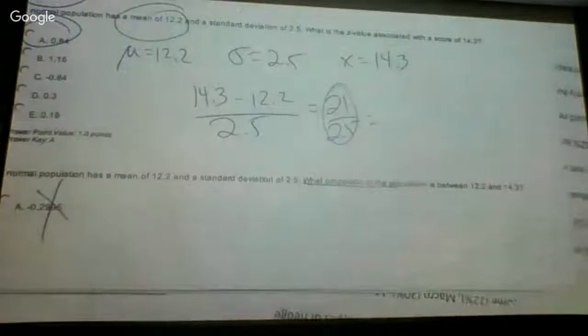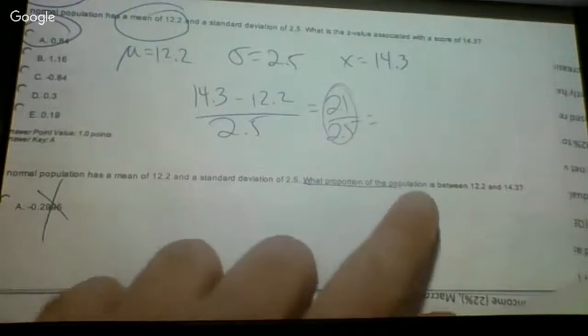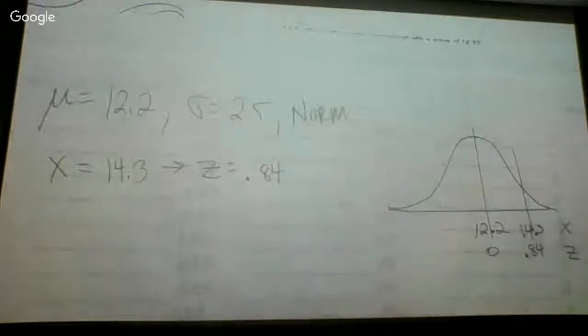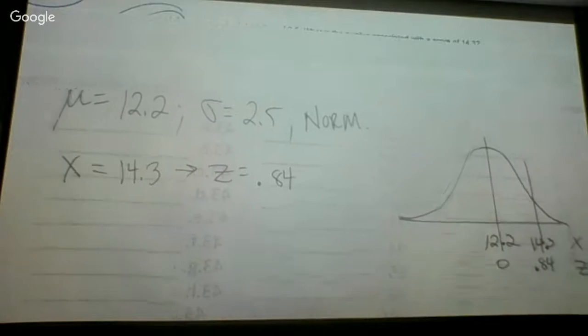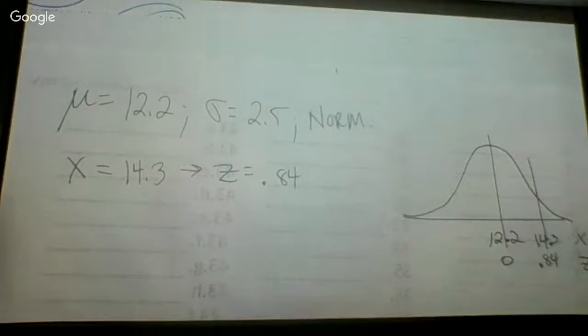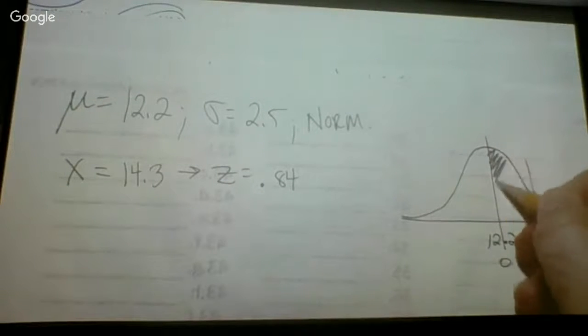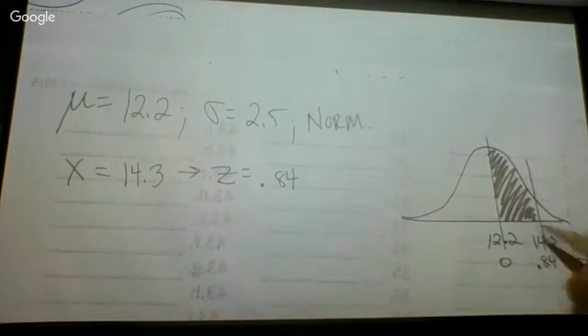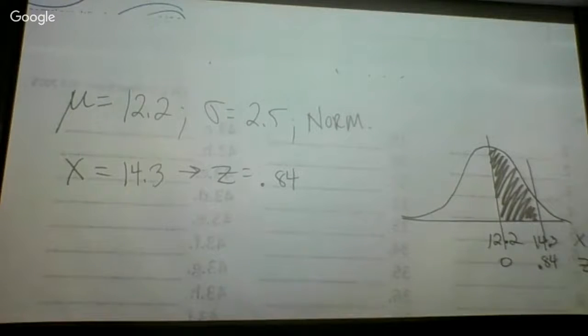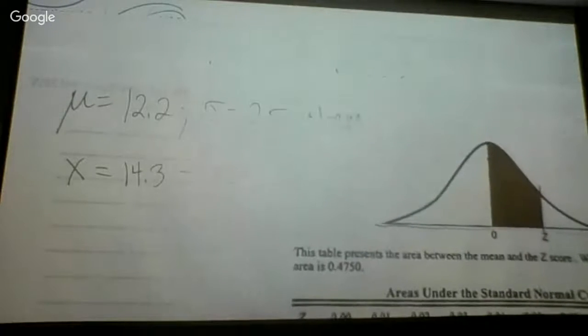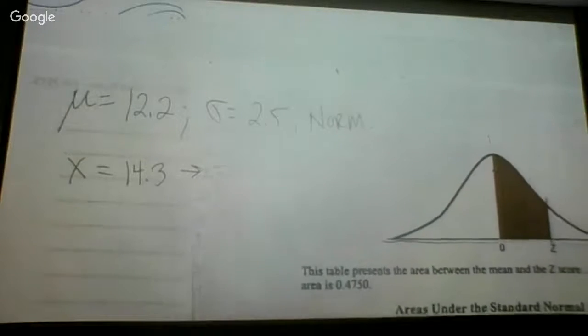And the question I'm being asked in 14 is what proportion is between 12.2 and 14.3? So what I need to know is what that area is, otherwise known as proportion, what that area is. Same thing.